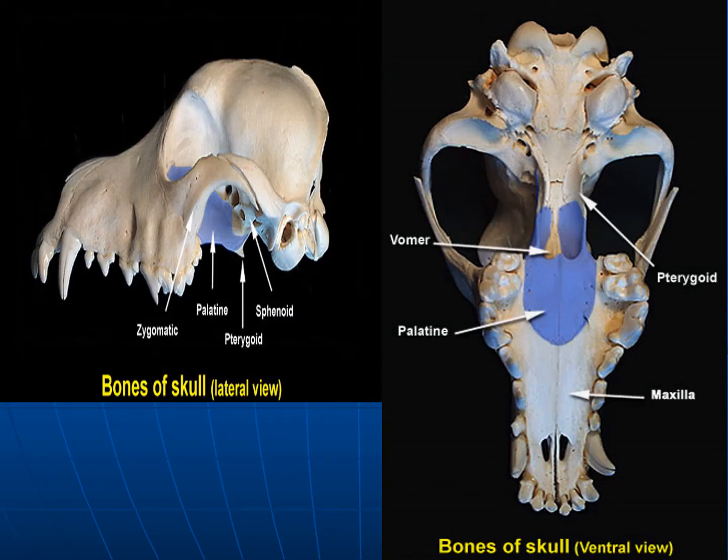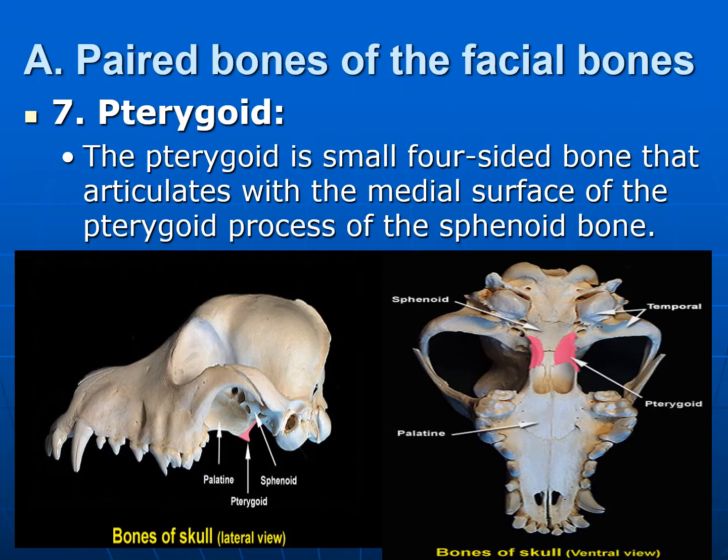So this is the area of the palatine bone, and this is the area again of the minor and major palatine foramina. From these palatine canals pass the palatine artery, vein, and nerve.